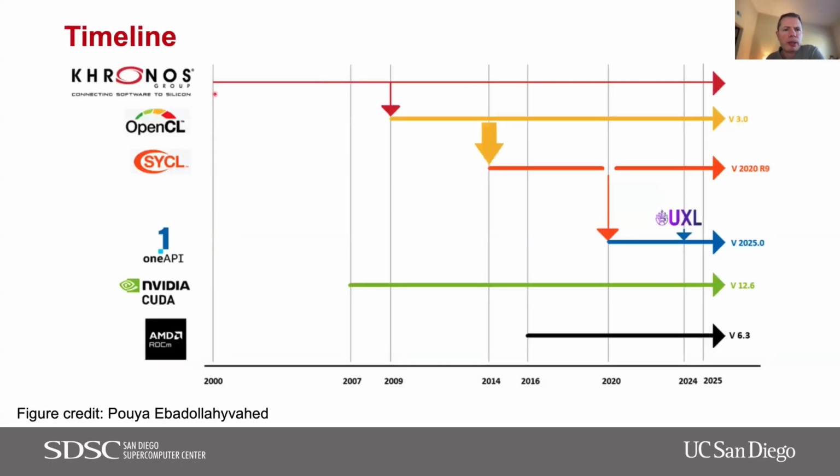So if you look at the timeline, OpenCL is a little bit younger than CUDA. That's why CUDA is dominating the market. Nvidia has been developing CUDA for a long time, and they've been putting a lot of effort into having a very, very robust ecosystem and a very performant software and hardware infrastructure, with lots of support for developers as well.